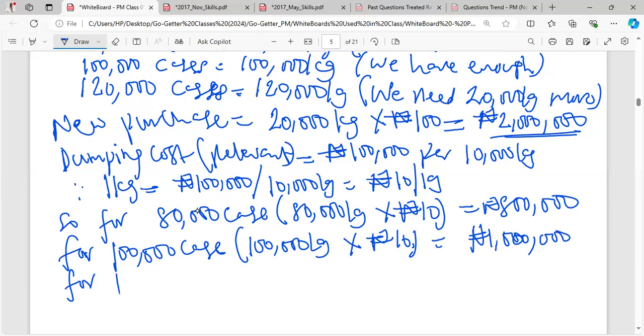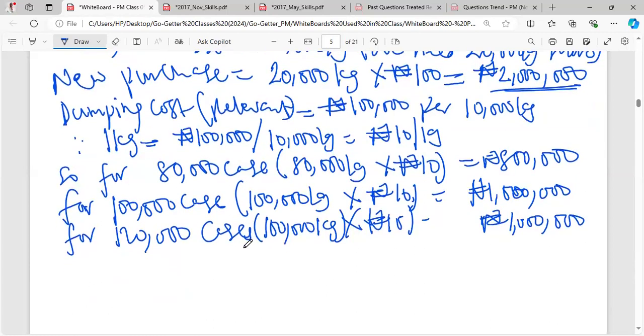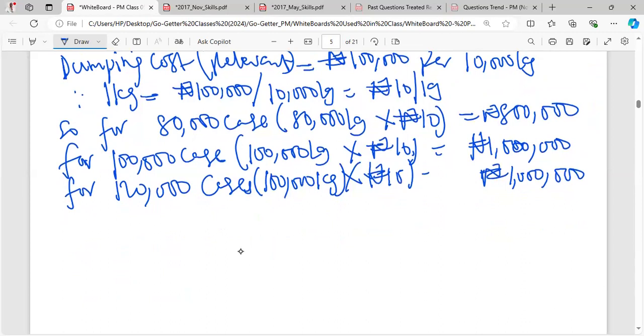So for 120,000 cases, we already have 100,000 kg. So we are still going to use 100,000. We cannot use the one we bought new to come and dump it again. This is the existing one we had. This existing one is still going to give us 1 million. So now how do we arrange this? I can come here. This is 80,000. This is 100,000.